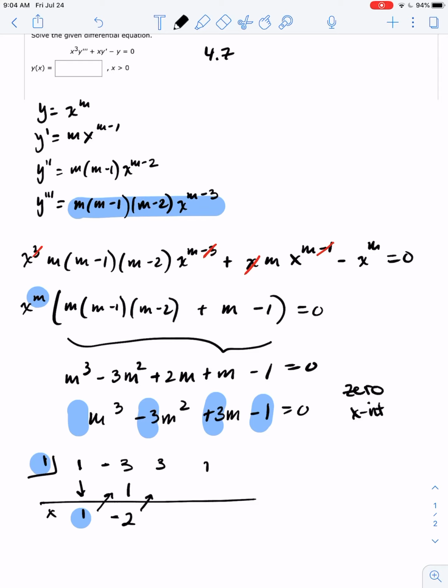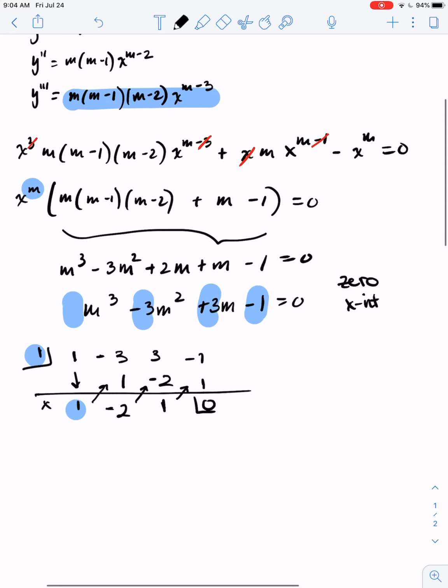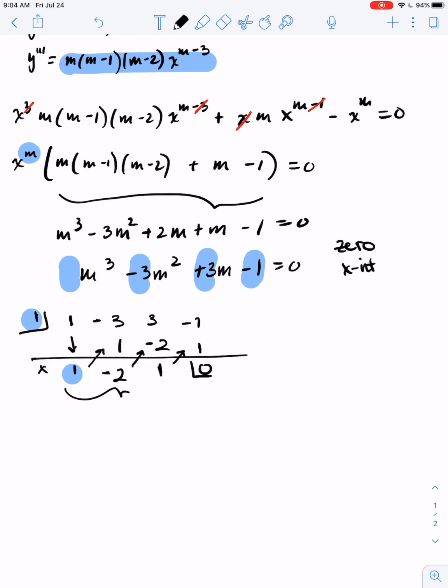So you multiply 1 times negative 2, and then you add 3 minus 2, okay, and then same thing. Oh, don't forget your negative for that last one, and then this should always wind up being 0 if you do that correctly.